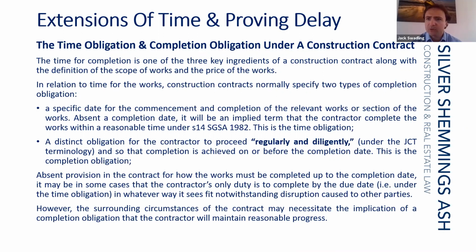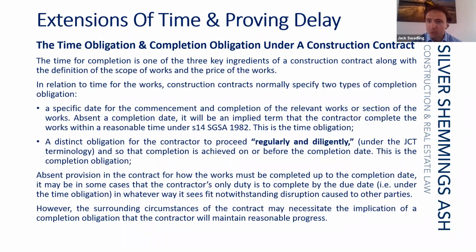So when we're thinking of the time obligation, there's actually two separate obligations that need to be thought of. First of all, the time obligation is the obligation of the contractor to complete the works by the completion date, which in a sense is an absolute requirement under the contract. And there is nothing in that obligation that specifies how the work needs to be completed by the contractor.